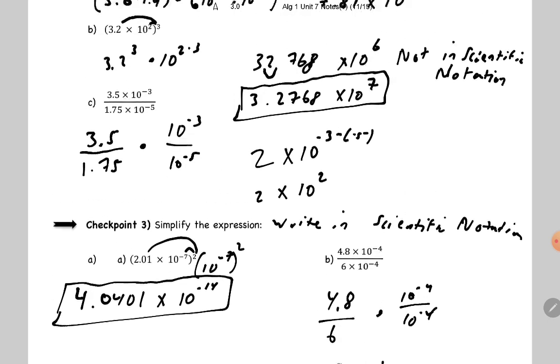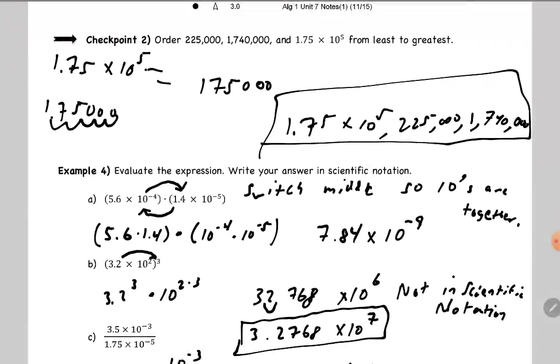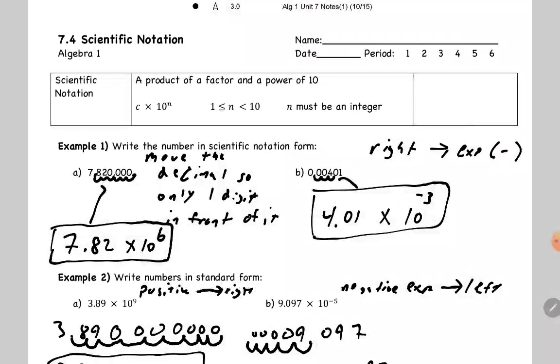Okay, so the big thing is when you're trying to write in scientific notation, you just want one non-zero digit. So if I had 765, I would move the decimal place over so it's in front of the 7. And then we're going to multiply that by a power of 10.